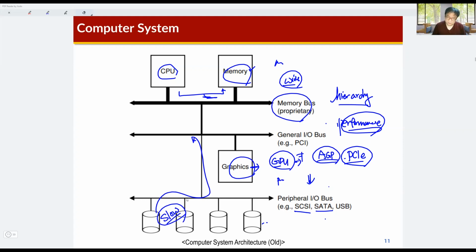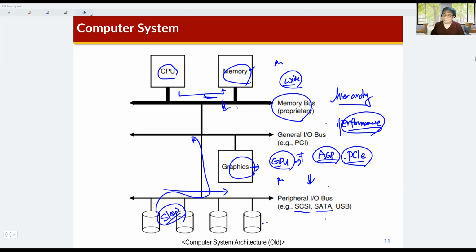Also, as you can see, these storage devices are connected to the same common interconnection bus. So the resources for this common interconnection bus are low compared to the high bandwidth memory bus.